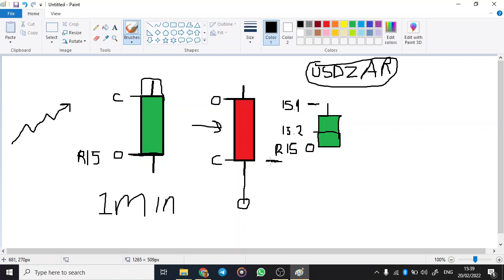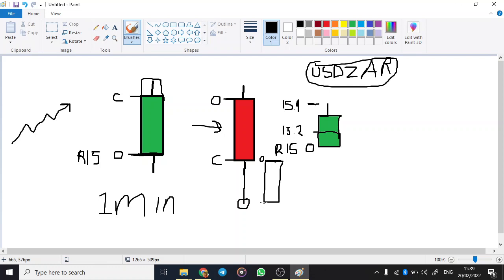So if the next candlestick is going to open here, if it is going to appreciate in value, it will go up and turn green. But if it is not going to appreciate in value, it will still open at this price and go lower and lower.